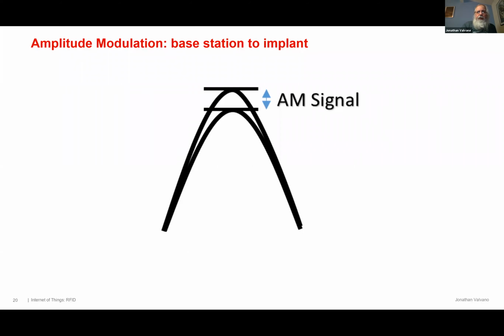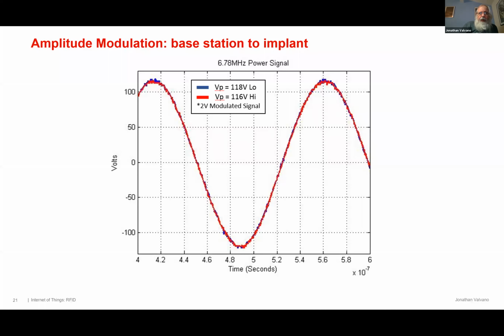And so the receiver can pick up changes in amplitude, because I just have to measure the voltage prior to the regulator. So back over here, once I've regulated it, if I connect the regulated power line into an A to D converter, I can see the amplitude modulation. And this is the output, the AM modulated output.